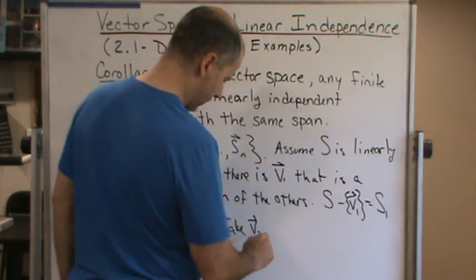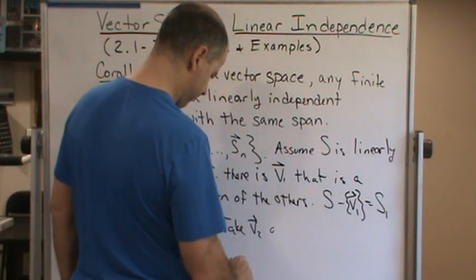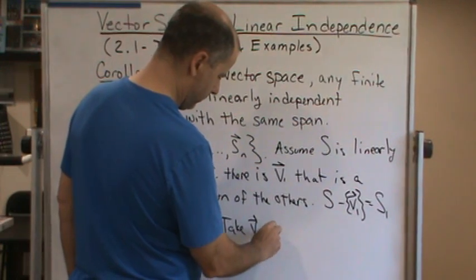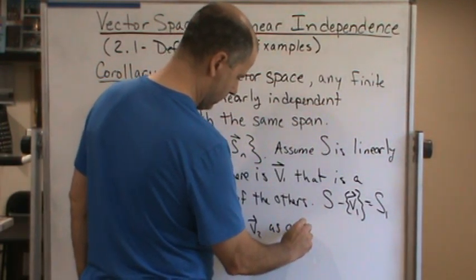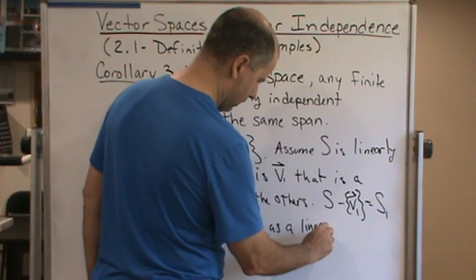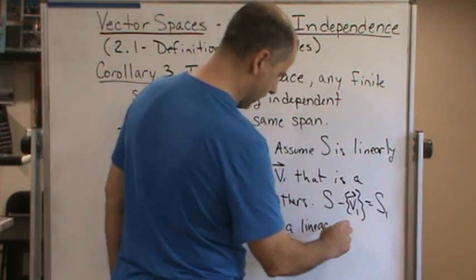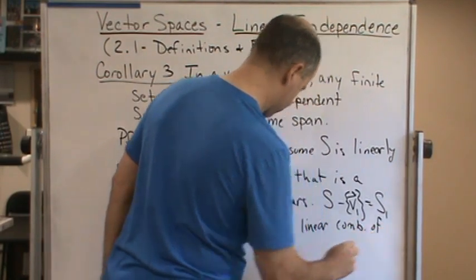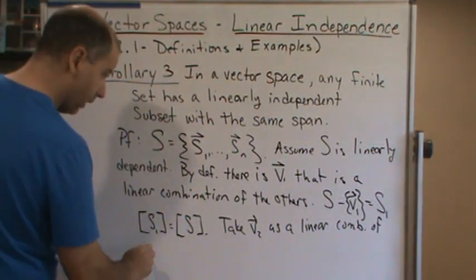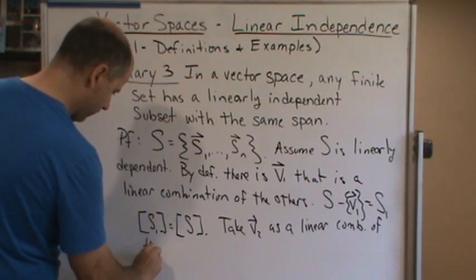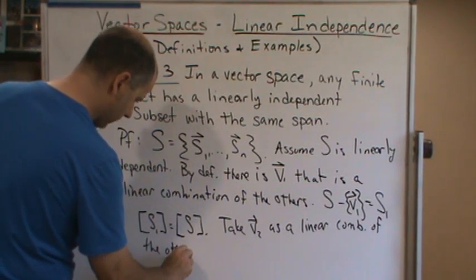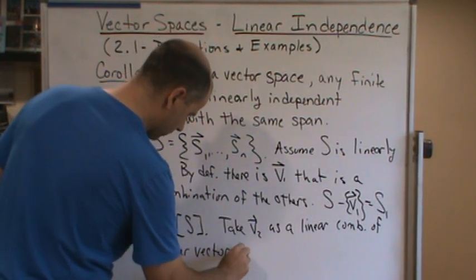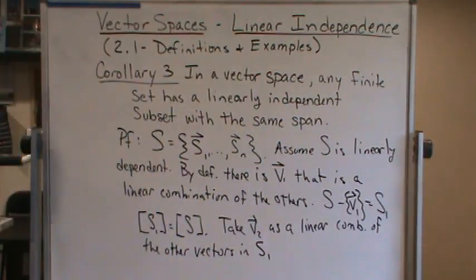So take V sub 2 as a linear combination of the other vectors in S1.